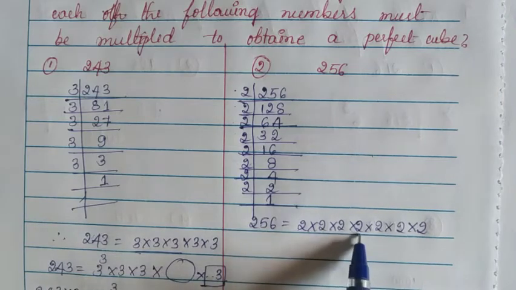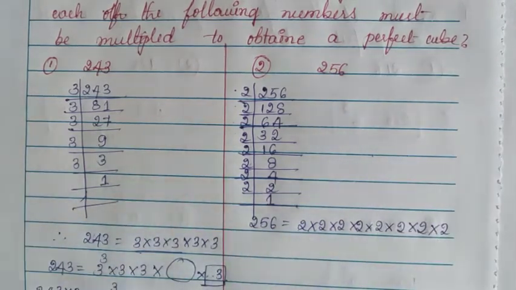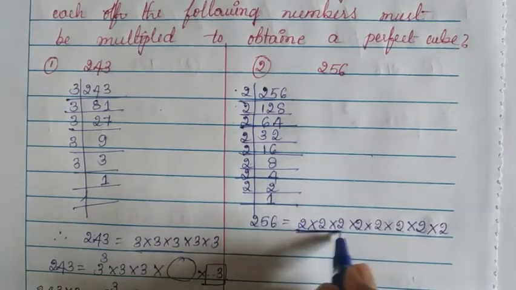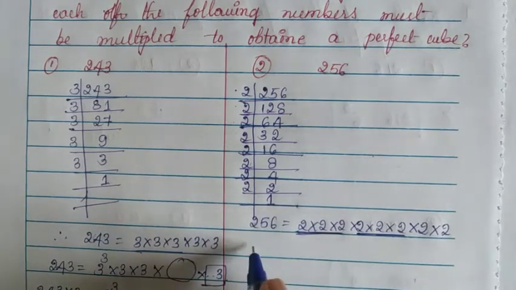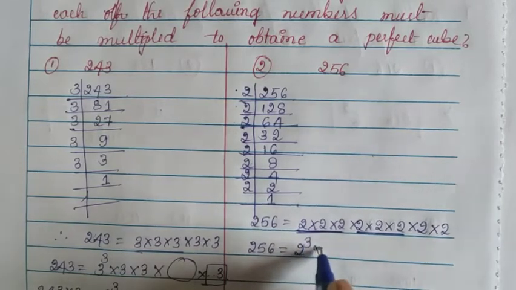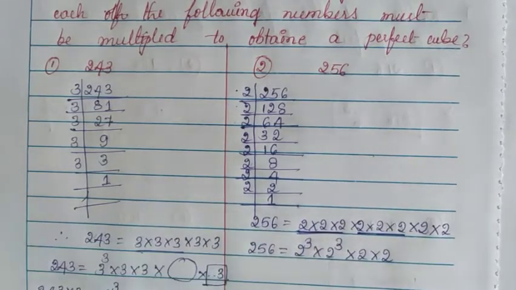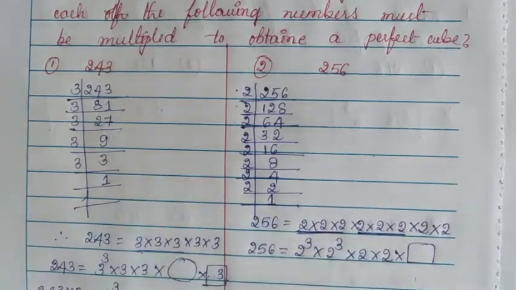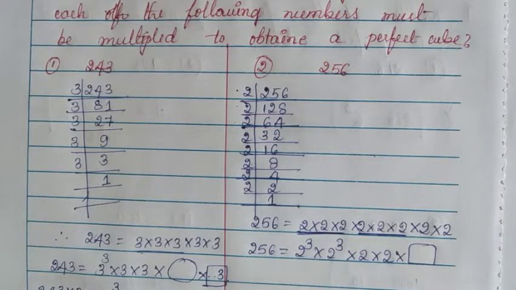Now grouping the 2s in threes like this, 256 is equal to 2 cube into 2 cube into 2 into 2. Here another 2 is needed to make the given number a perfect cube.